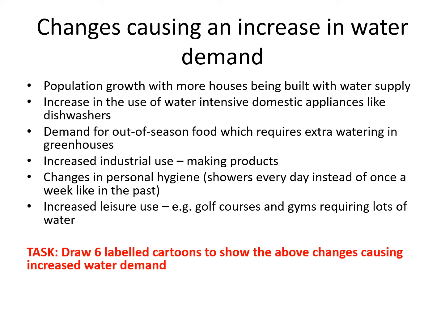The making of all the products that we require and we demand requires water. 5, changes in personal hygiene, having a shower every day instead of once a week like in the past with shared water. And the last one on there, increased leisure use. So more golf courses, more gyms, all requiring lots of water.